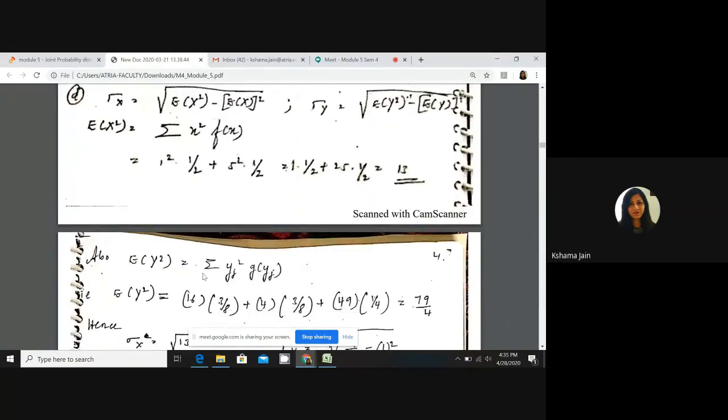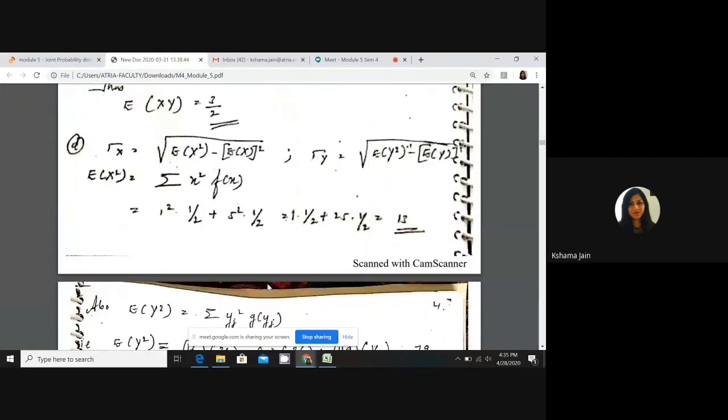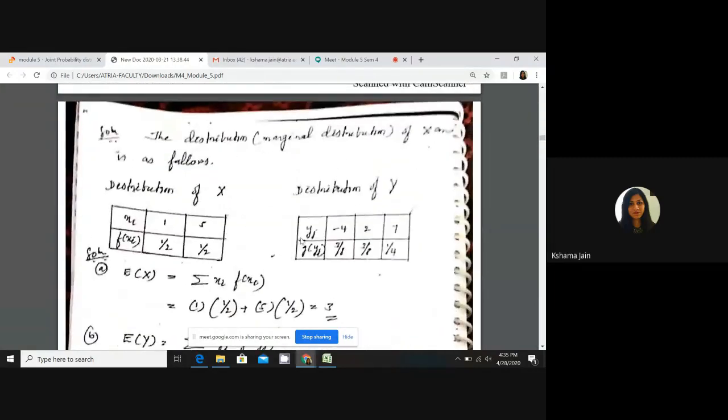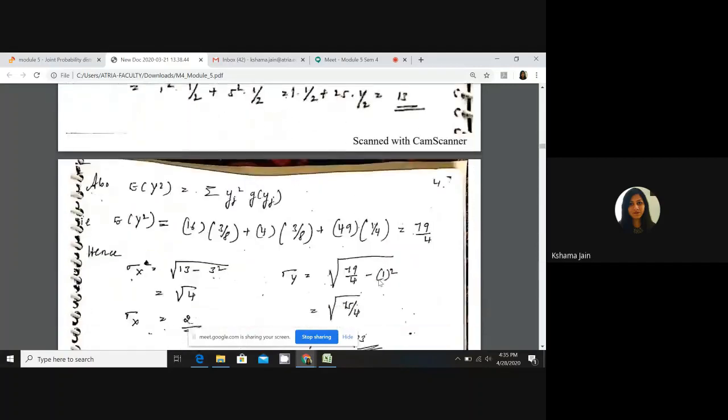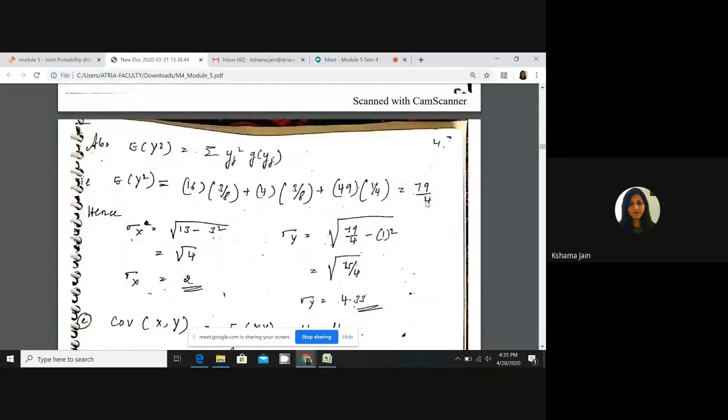Same for Ey square, y square into gy. Here y was given, so you can find y square easily. Minus 4 square is 16, 2 square is 4, 7 square is 49, multiply with g and take the summation. So y square gy. Applying the formula, sigma x equals square root of Ex square minus Ex whole square. Both are different things, don't get confused.